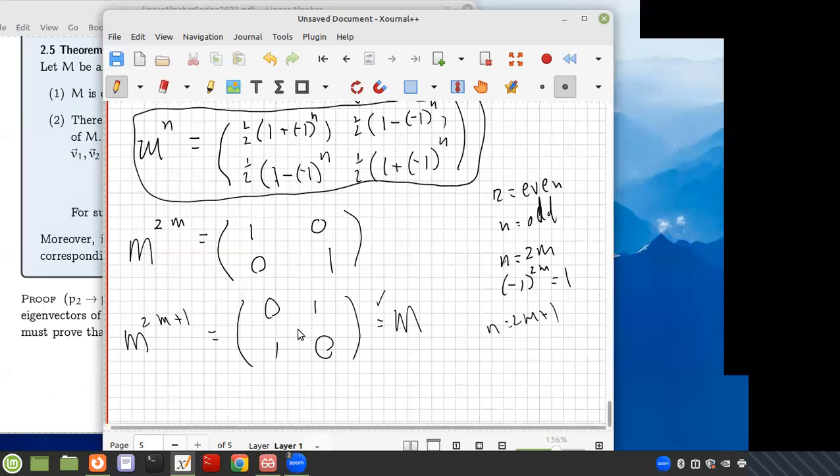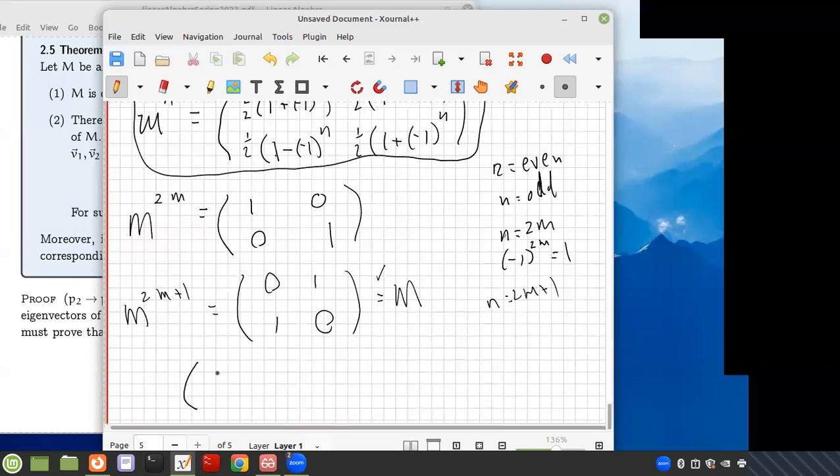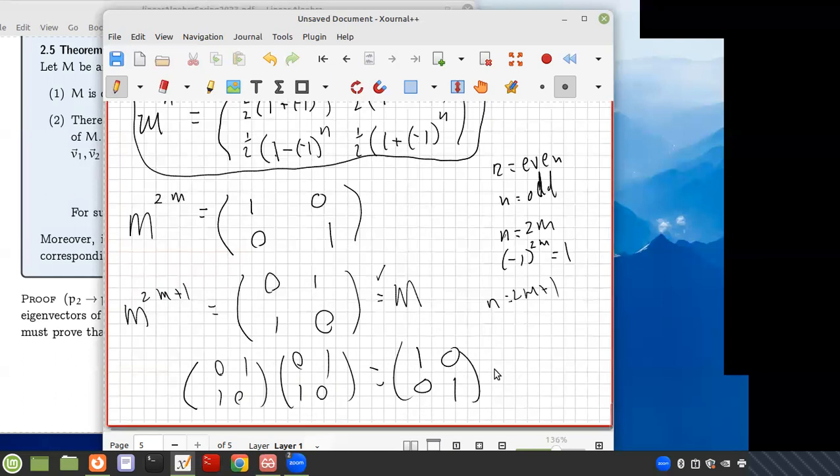You can see what's happening, because it's such a trivial case: 0, 1, 1, 0 times 0, 1, 1, 0 equals 0 times 0, 1 times 1 is 1, 0 times 1 plus 0 times 1 is 0, and the second row times the first column, 1 times 0 plus 0 times 1 is 0, and the second row times second column is 1 times 1 plus 0 times 0 is 1. So it's just swapping back and forth. If I add another M on, it's just going to give me M. So it's just flipping back and forth: identity, M, identity, M, identity, M.